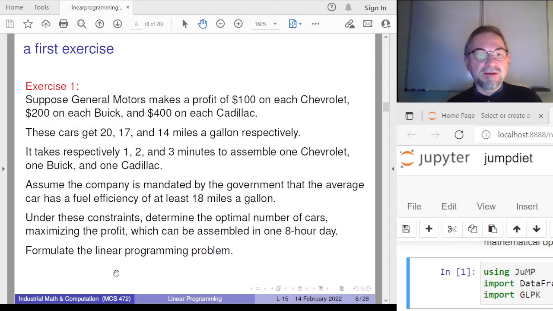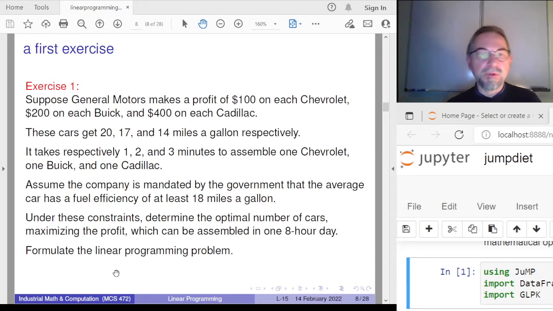So we have the requirement that the average car must have a fuel efficiency of at least 18 miles a gallon. So if we would make only Cadillacs, then we would not get there.